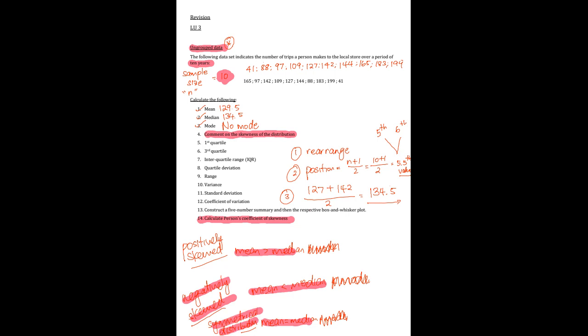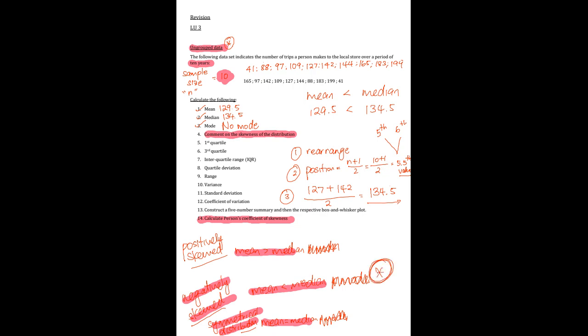So from the information that we have, as you can see, the mean is 129.5 and the median is 134.5. So the mean is actually less than the median. And that is the second one here, which says to us that it is a negatively skewed distribution.